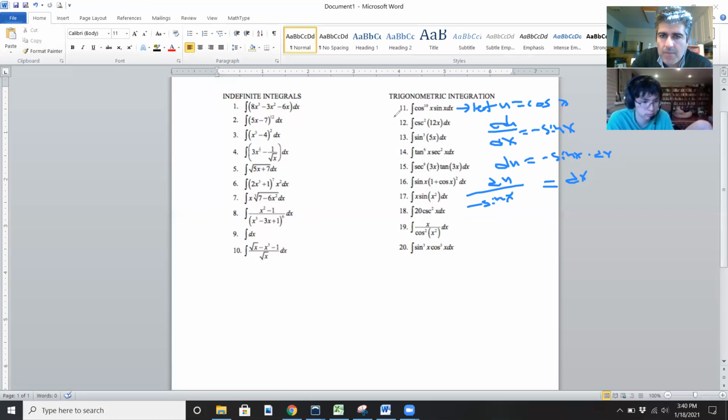Okay. Now we will integrate the sucker. That's going to be u to the 10th power times sine x times du over negative sine x.